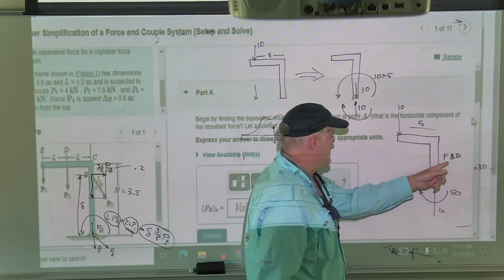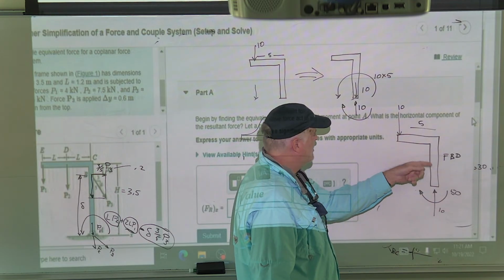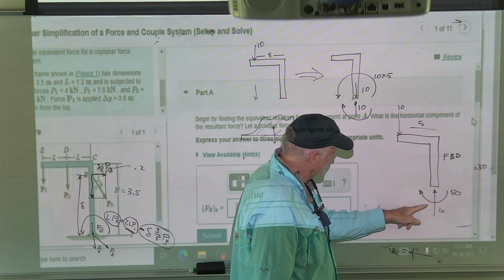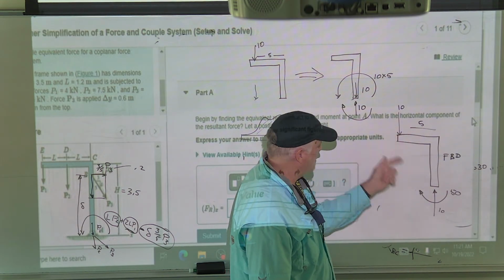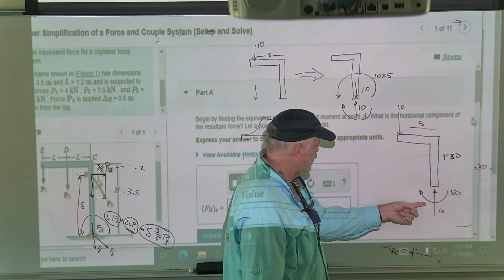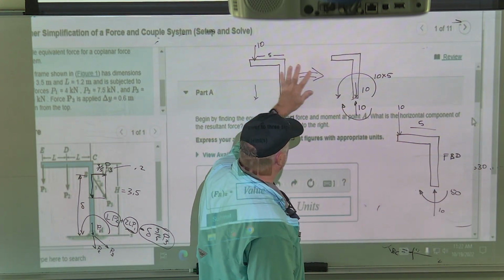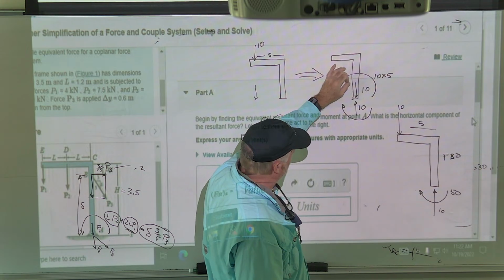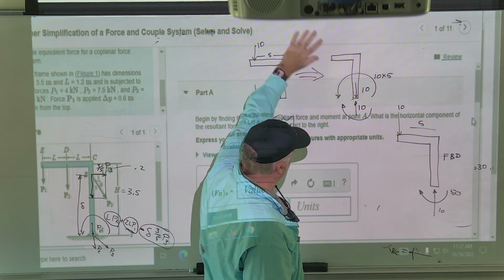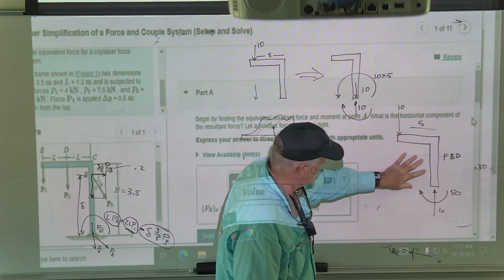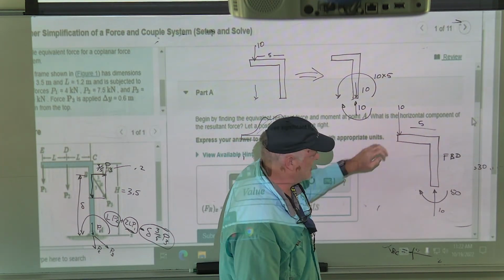The fact that you have freed the body, the structure, from its supports, and then you put the equivalent load on there to make it so that it doesn't move around. So this section is a little strange to me, given the fact that we've talked about free body diagrams a little bit, and then we go back to this concept where you're doing the free body diagram.